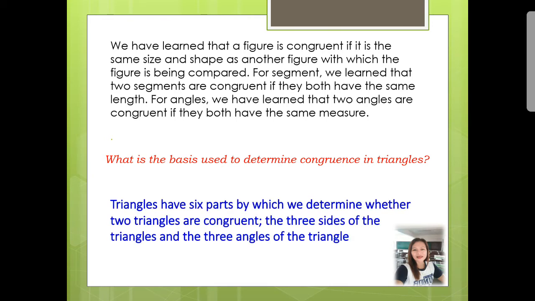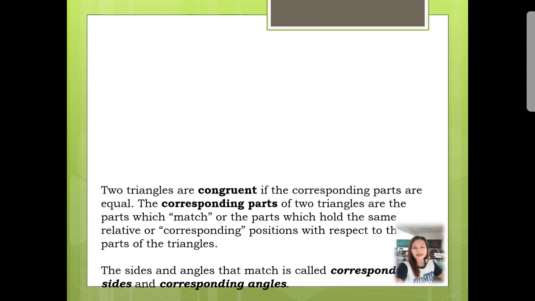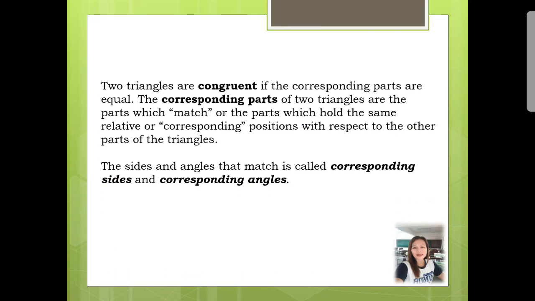Triangles have 6 parts by which we determine whether two triangles are congruent: the 3 sides of the triangle and the 3 angles of the triangle. Two triangles are congruent if the corresponding parts are equal.